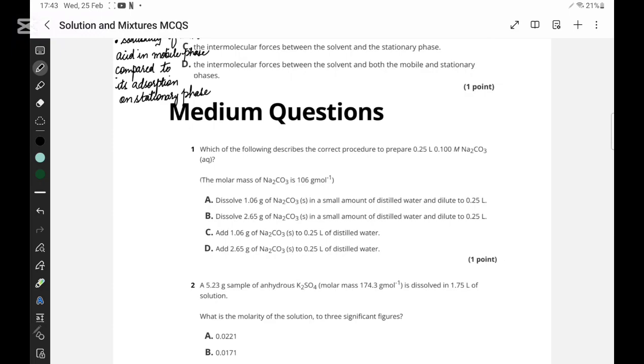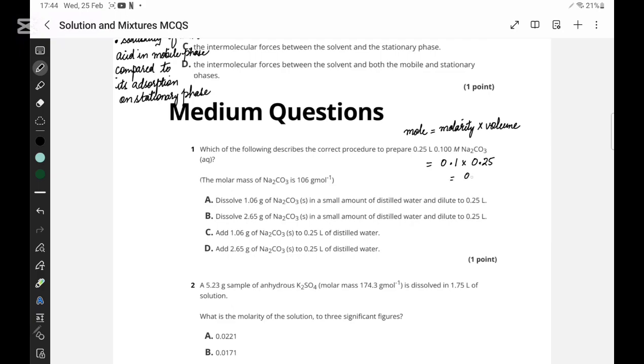In this question, they are saying which of the following describes the correct procedure to prepare 0.25 liter of 0.1 molar Na2CO3 aqueous solution. First we are going to find the number of moles. Moles is equal to molarity times volume. Molarity here is 0.1 and volume is 0.25 liters.